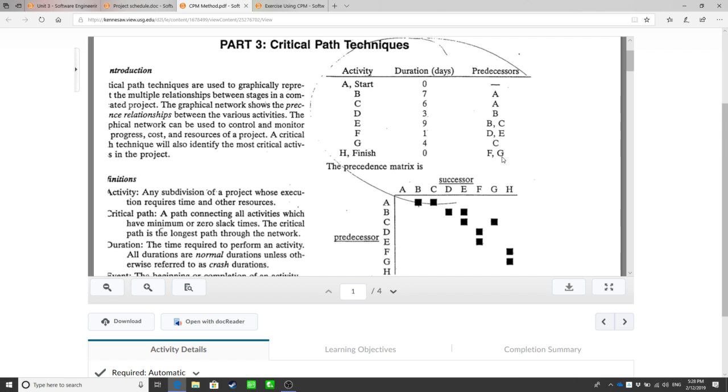So B and C are called predecessors of E, and E is a successor of B, and E is also a successor of C.